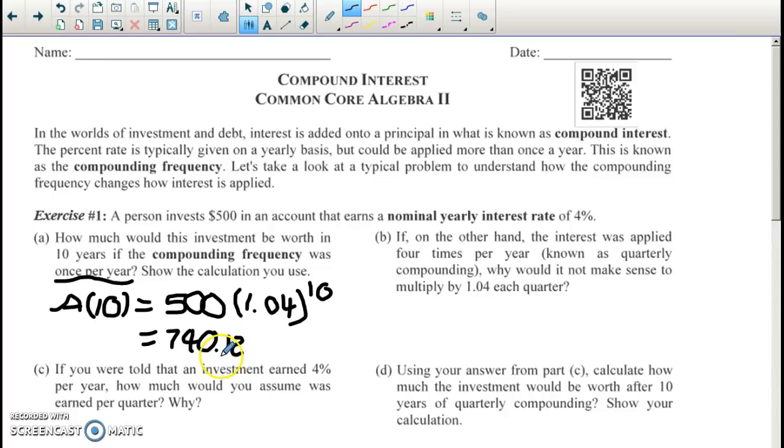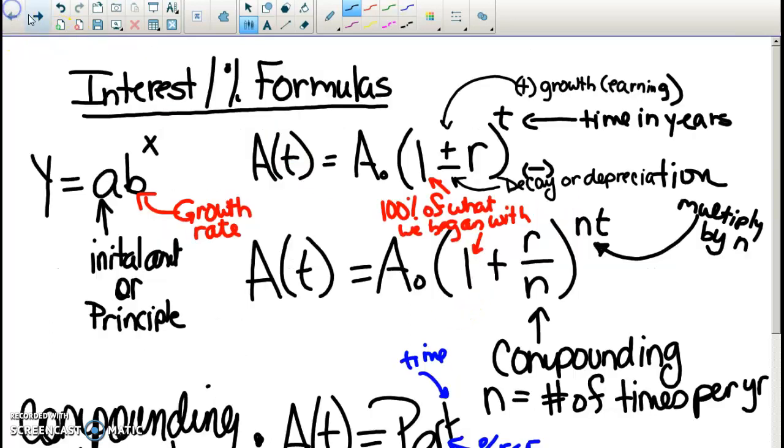Then it says part B. If, on the other hand, the interest applied 4 times per year, so now we're compounding quarterly, all right? And if I'm going to compound quarterly, then I have to go back to this right here where we're saying, okay, the rate is 4% over the whole year, but I'm now going to do it 4 times. So I'm not going to do 4% each quarter.